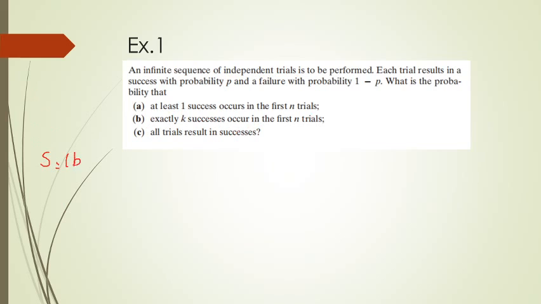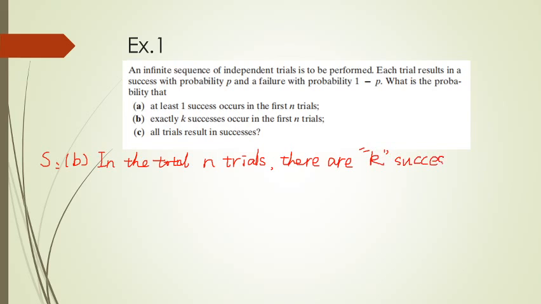So that means in the total n trials, there are k successes, and then the other n minus k will be failures, right?